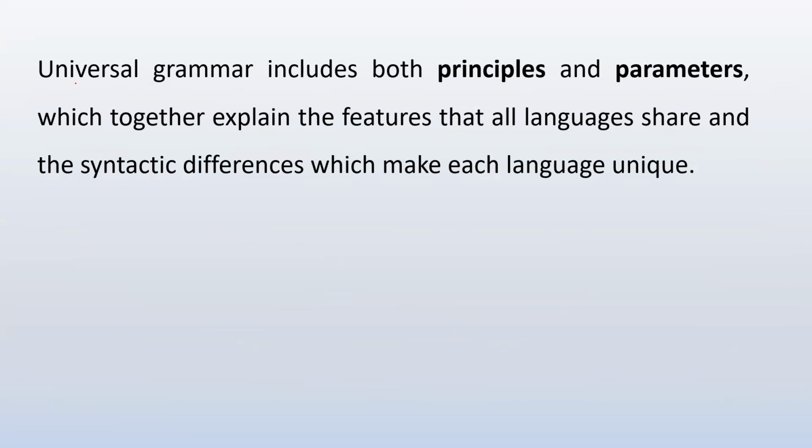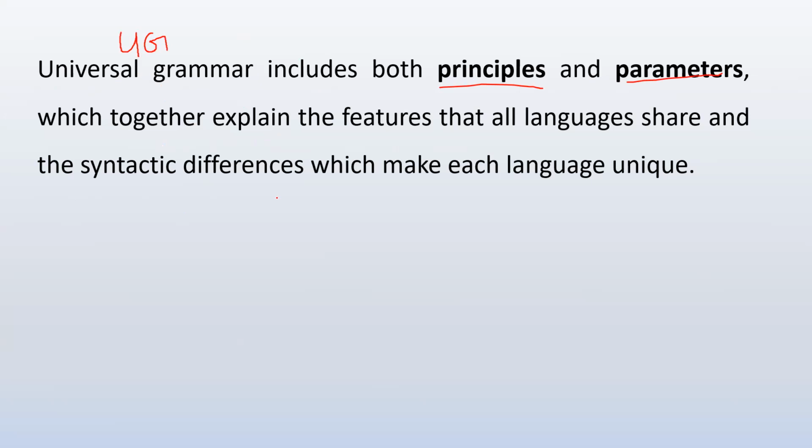And universal grammar includes both principles and parameters. When we talk about UG in simple terms, universal grammar means UG. It includes both aspects, principles as well as parameters, which together explain the features that all languages share and the syntactic differences which make each language unique.